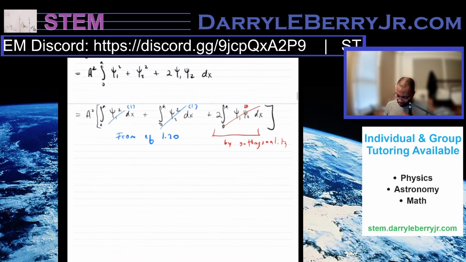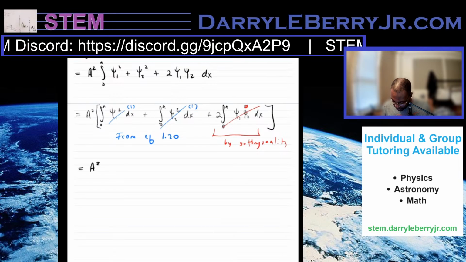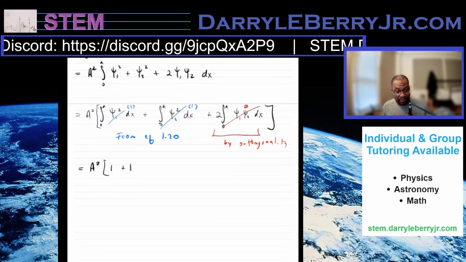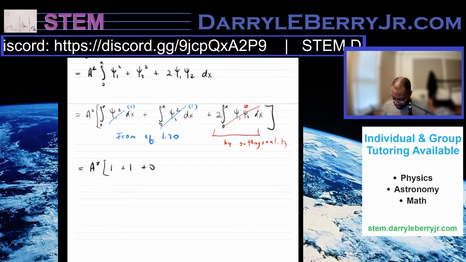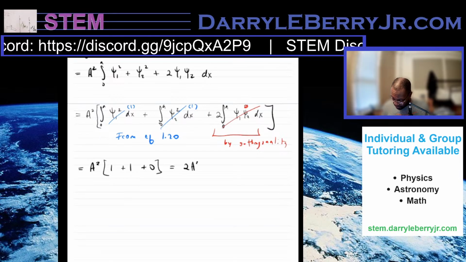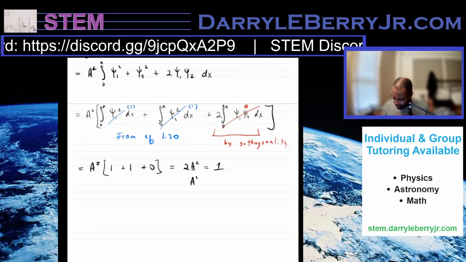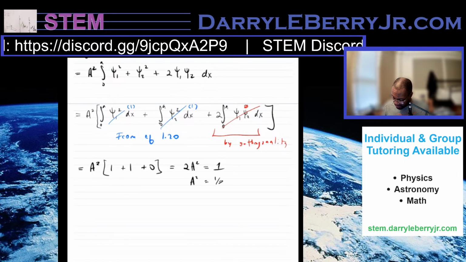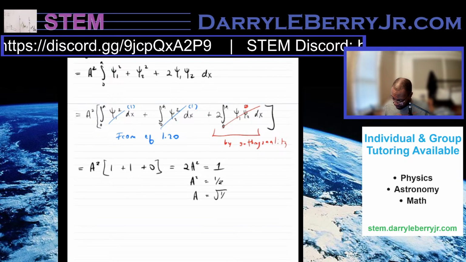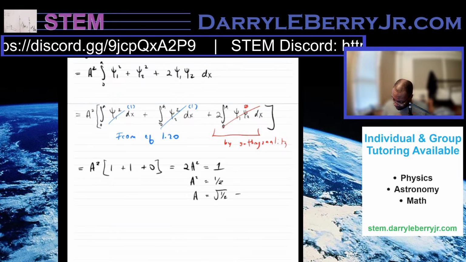That equals 1. So this equals a squared times 1 plus 1 plus 0. So this equals 2a squared, which equals 1. So this means that a squared equals 1/2, and a equals the square root of 1/2, or 1 over square root of 2.